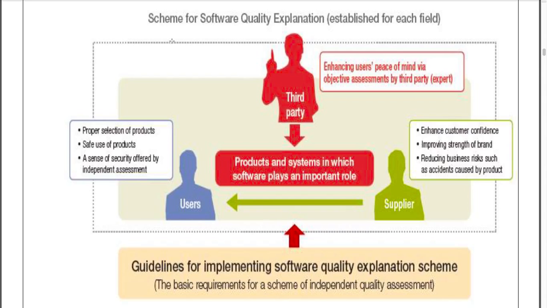So as you can see, I have provided the diagram for quality. The supplier says: enhance customer confidence in our software. That's the definition of quality with respect to suppliers, or the developer who develops the software, who from time to time improves the strength of their brand, and at the same time reduces business risk such as accidents caused by the product.